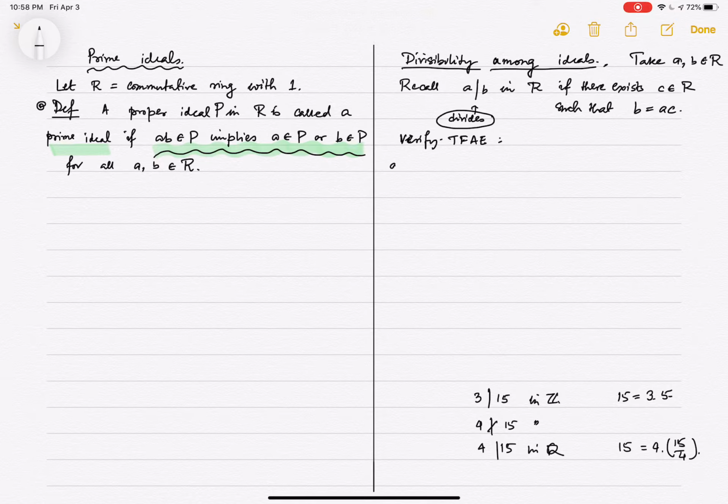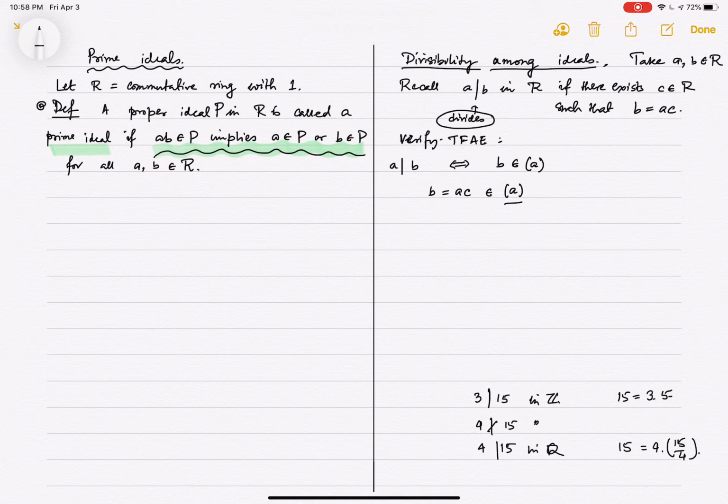3 statements. The first, a divides b. What does that mean? We just said it. It means that b is a times another element of the ring. That means b is a multiple of a. The set of all multiples of a form what is called the principal ideal generated by a and denoted by (a). So saying that a divides b is exactly saying that b is in this principal ideal.